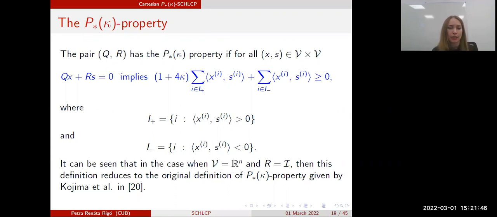And we can also see that if we substitute here kappa equal to 0, then in the specific case we would get back the class of semi-definite matrices. So in the specific case, this would be a generalization of it.